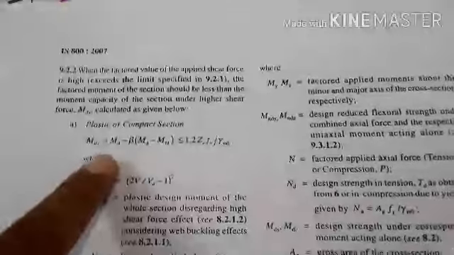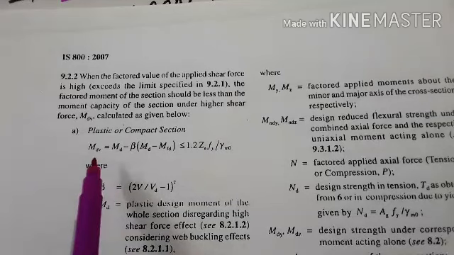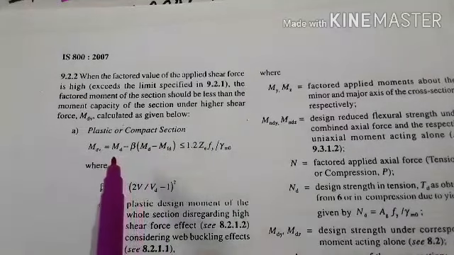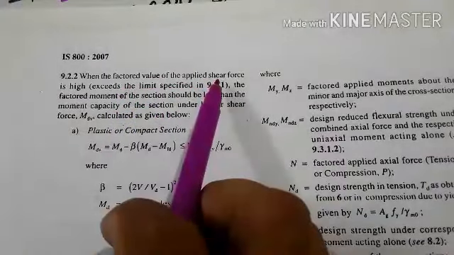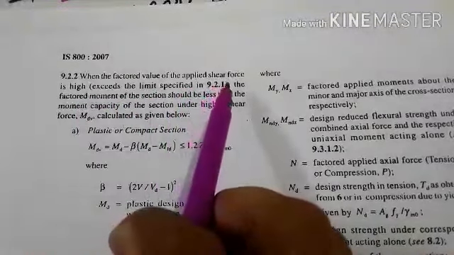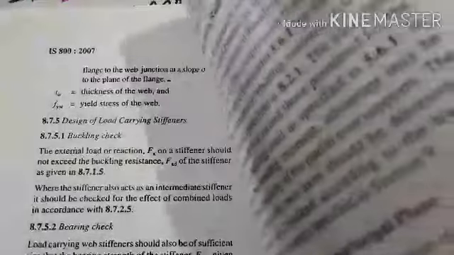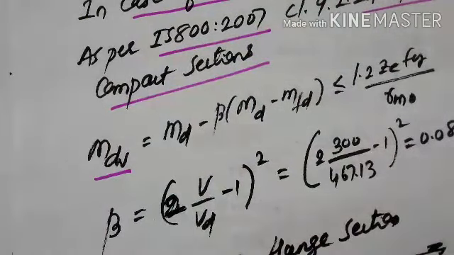So here it has been given, just to refer the code for a plastic or a compact section. If it is the case of high shear, the Mdv is given when the factored value of the applied shear force is high, exceeds the limit specified in 9.2.1. So I'll read 9.2.1 again. See what is 9.2.1.